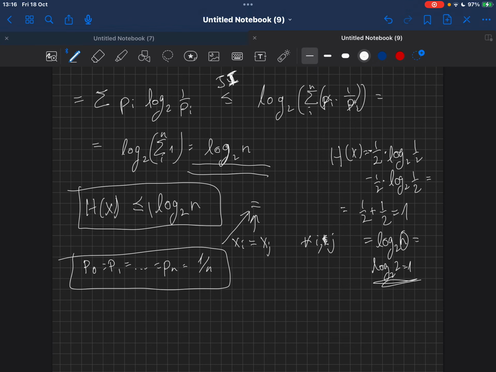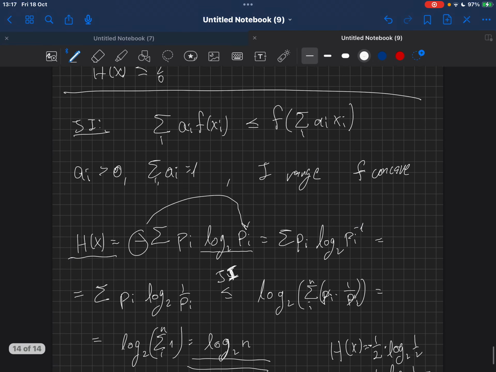And we got exactly what we said, that for the case of a coin, every probability equals the other one, and each probability equals 1 over n, which is 1 over 2, and we really got the upper bound for the entropy, log base 2 of n, which is log base 2 of 2 in the case of a coin, so it is 1.